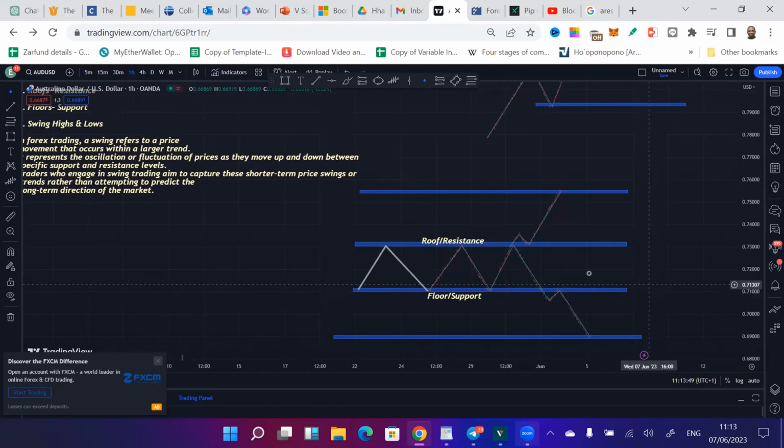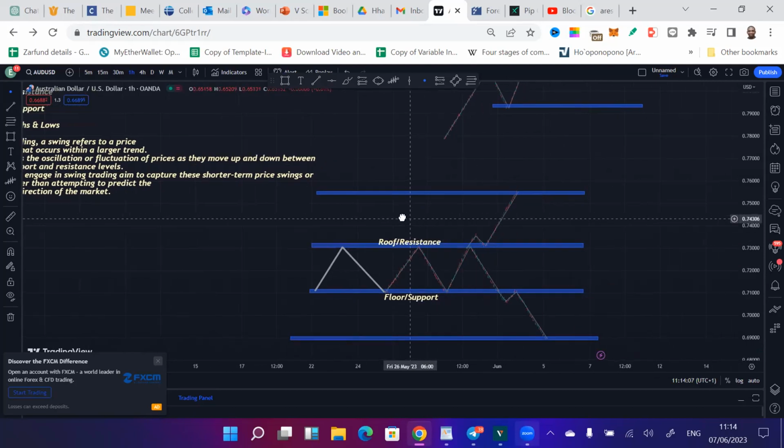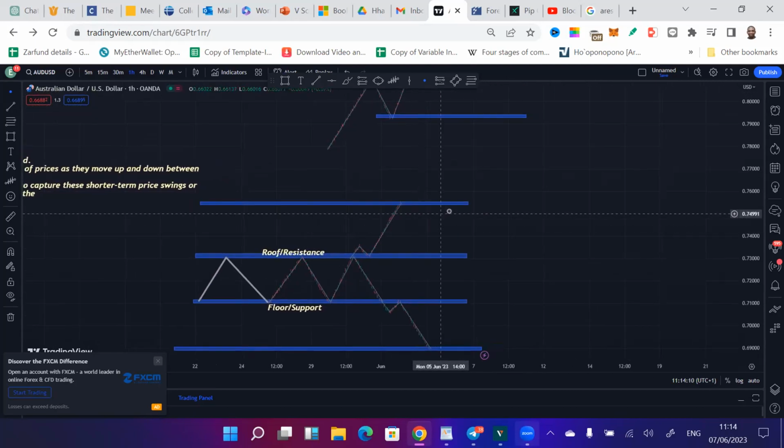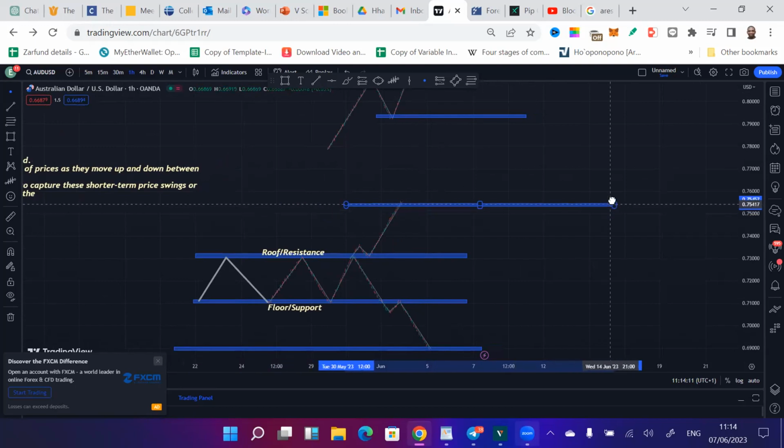So this is to help us understand the concepts that we're going to be going through on the chart, right? So now when you look at this up down movement, the tops here, where price gets to resistance and pulls back, where price gets to the roofs and pulls back, those are the points that are called swing highs. So let me extend this so that we can see what I'm saying.